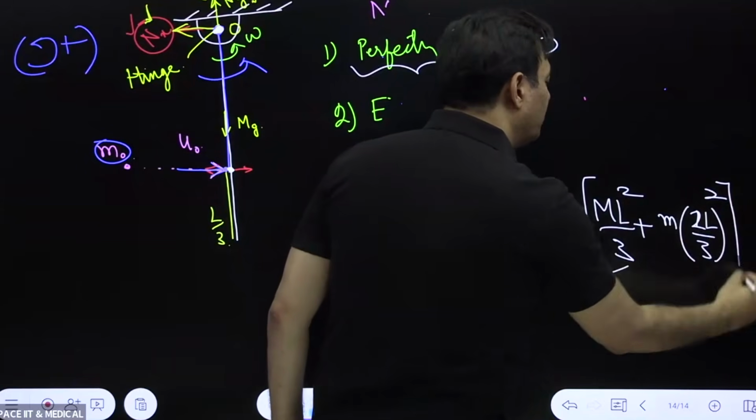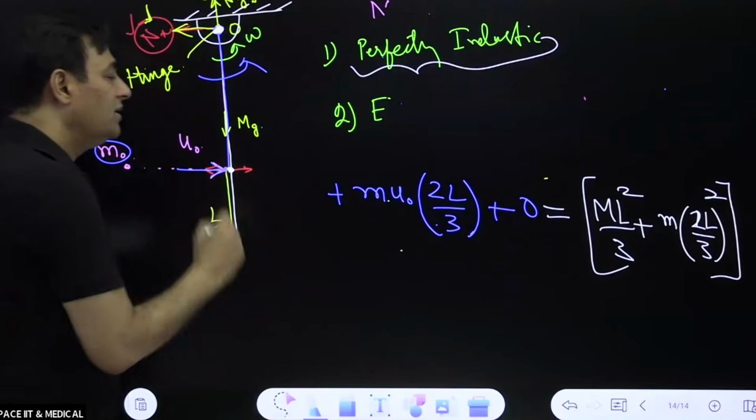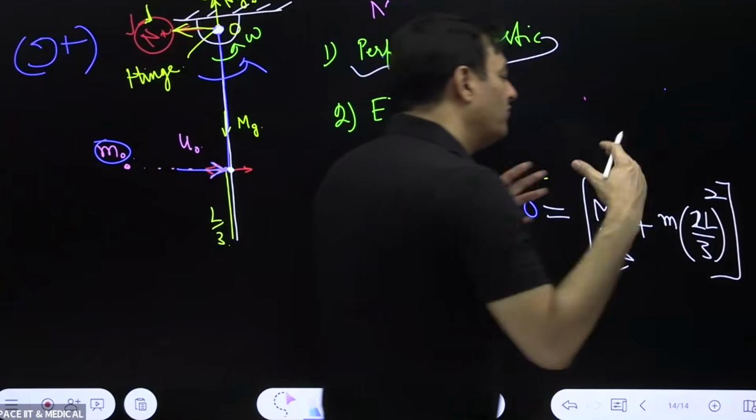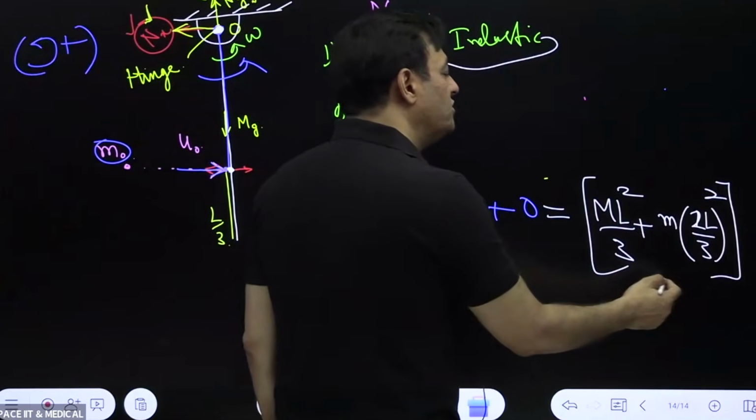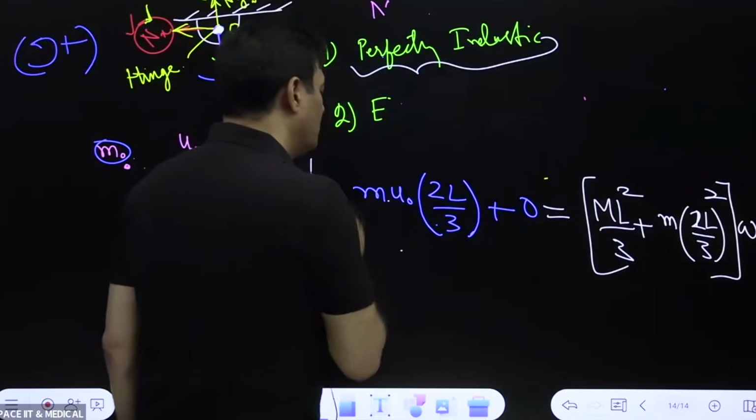This is the total moment of inertia. If the bullet has gotten embedded in the rod, they become one rigid body. We find the moment of inertia, I omega. Done. This is the equation.